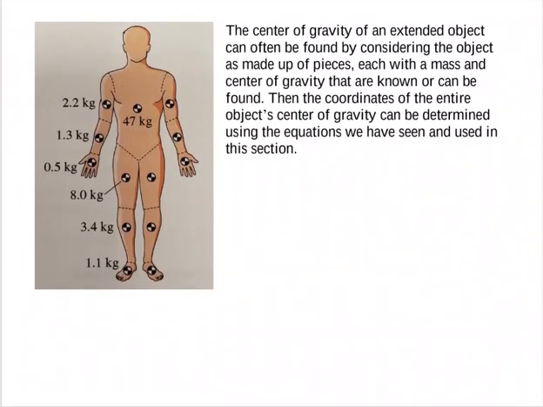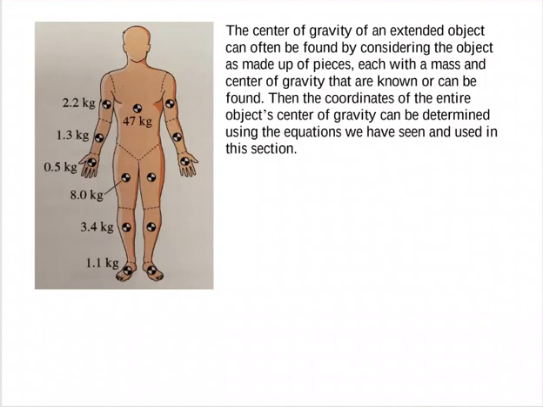Okay, so now here's the human body. We can segment the human body, or chop the human body up if we're sick people. The center of gravity of an extended object can often be found by considering the object is made up of pieces. So here we have segmented the body up into pieces, each with a mass and center of gravity that are known or can be found. Then the coordinates of the center of gravity of the entire object can be determined using equations that we've seen and used.